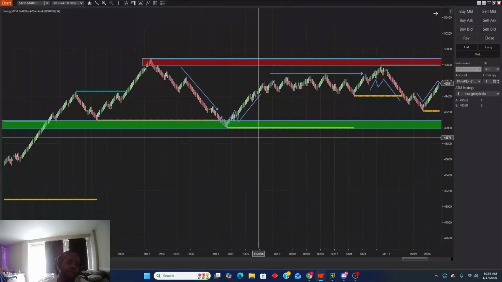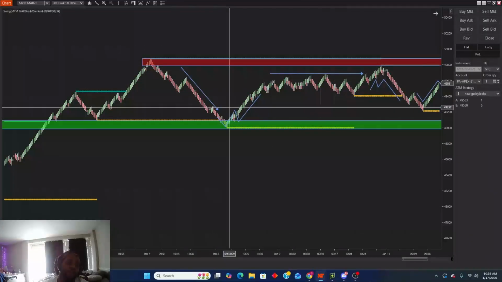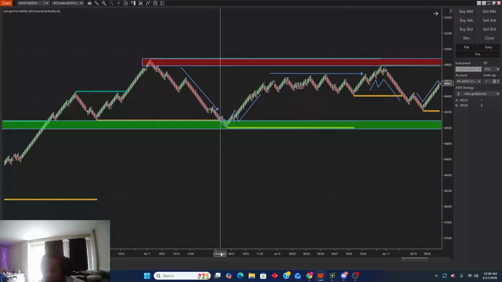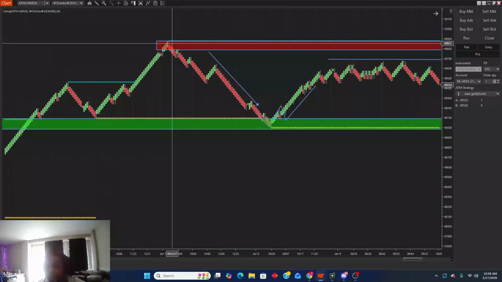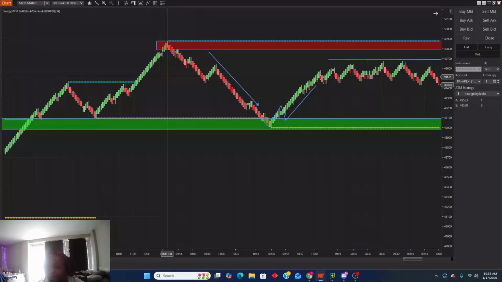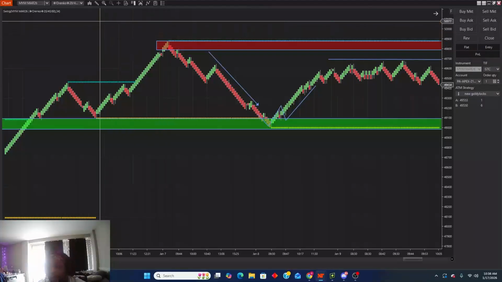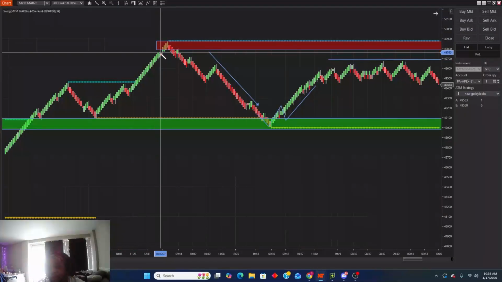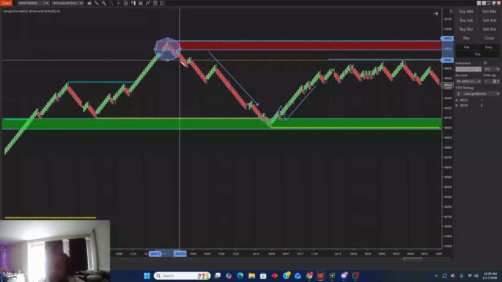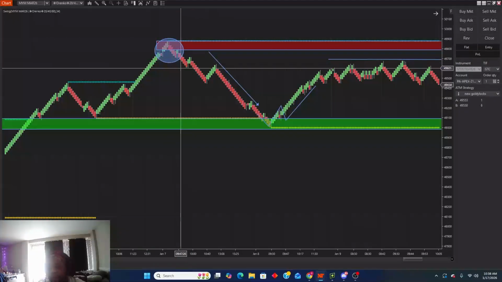Here's what I need you to understand. In a downtrend, you're going to see a few things. Let's zoom in so we can see. First thing you're going to see is a pattern. It's an ugly one because market opened right here, so it made that little stupid wick.